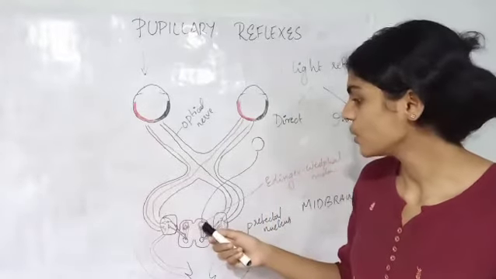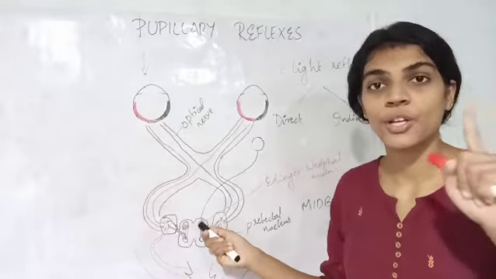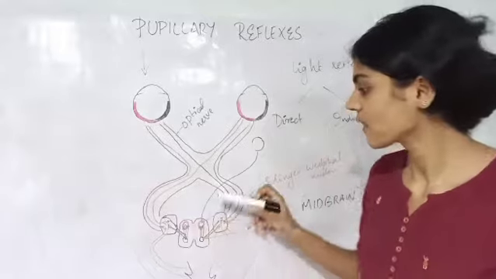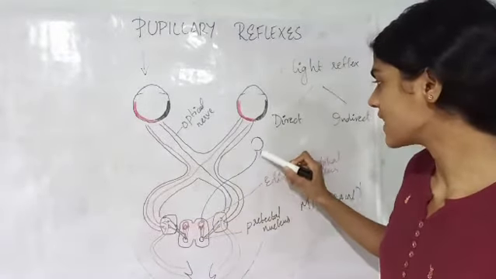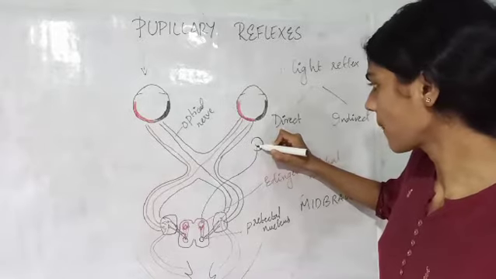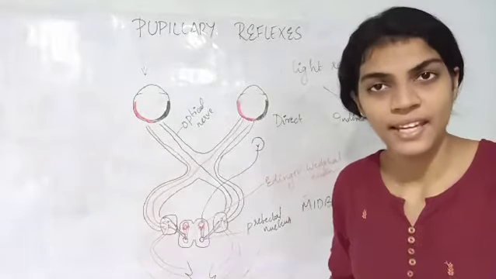Okay, so you can see from the Edinger-Westphal nucleus, preganglionic nerve fibers emerge and make a synapse in the ciliary ganglion.